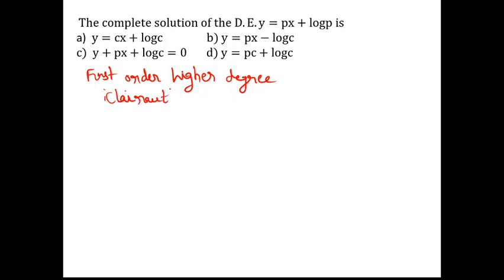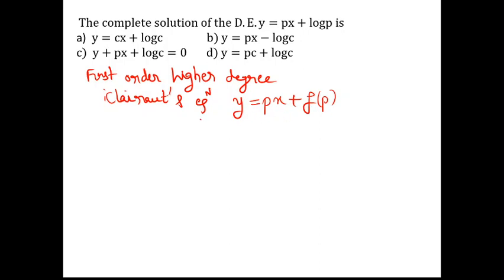What is Clairaut's equation, or what is its standard form? So Clairaut's equation is nothing but written in the form y is equal to px plus f of p. If we find any equation of this form, then this is called a Clairaut's equation. Now how to get a complete solution of Clairaut's equation?